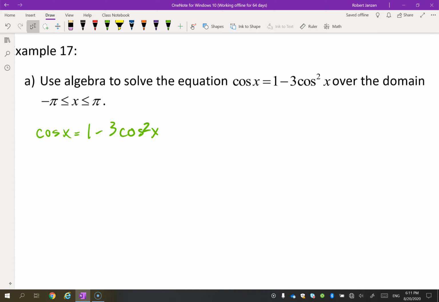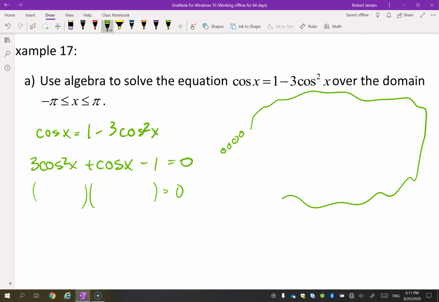Okay, so I'm going to bring everything to one side of the equation. So 3 cos squared plus cos minus 1 equals 0. And so you're going to say to yourself, all right, I can factor this. And you might get stuck. Do you remember how to tell if something can be factored or not? Do you remember b squared minus 4ac, the discriminant we called it?